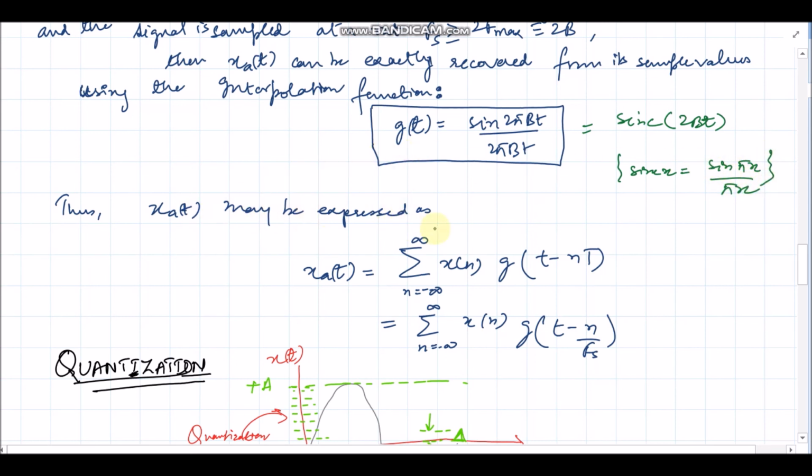Thus, xa(t) may be expressed, using this interpolation formula, as the infinite summation of these sinc functions. The infinite summation of sinc functions results in a new analog signal: xa(t) equal to the infinite summation over all the samples. So this is the sample, this is the discrete time signal we have, and this is the sinc function. So we are delaying the sinc function and multiplying it with the sample values to get the analog output.